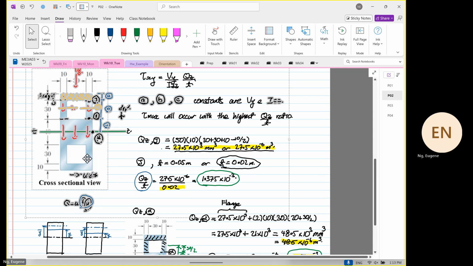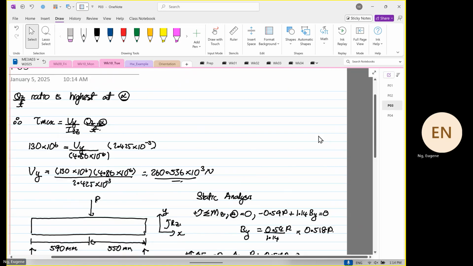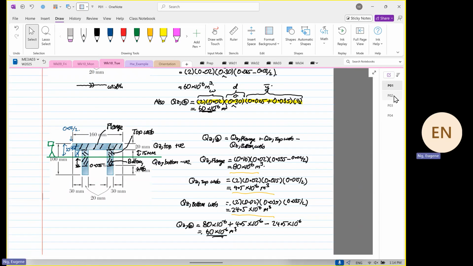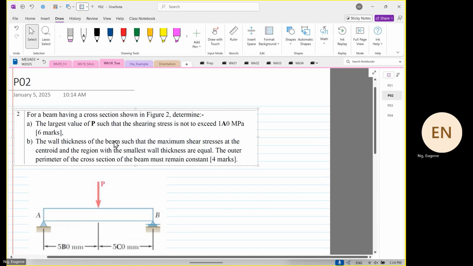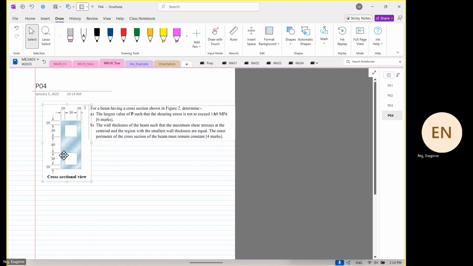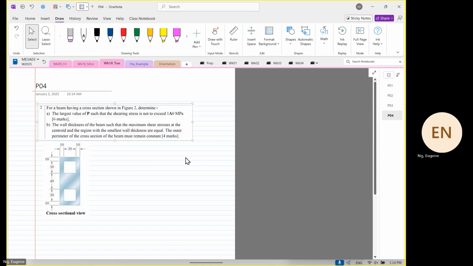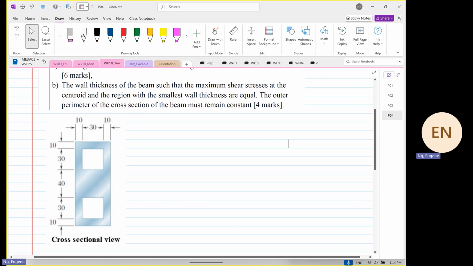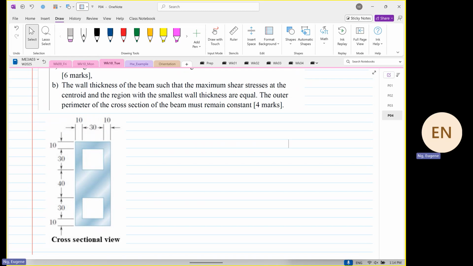Same diagram. And I'm going to copy the question for all of us. Determine the wall thickness of the beam such that the maximum shear at the centroid and the region with the smallest wall thickness are equal.